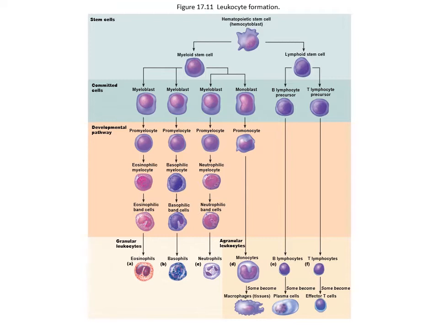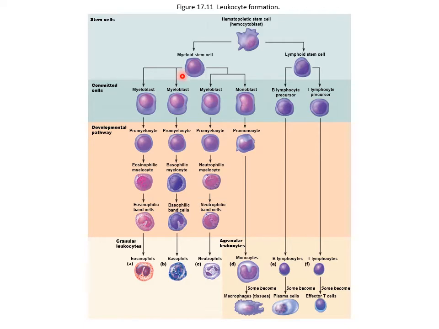Here is a schematic that shows you the developmental pathway of leukocytes, and just like red blood cells, they start from the hematopoietic stem cell, also called the hemocytoblast. These will differentiate into two separate stem cells. One is called the myeloid stem cell, the other is the lymphoid stem cell, and the lymphoid stem cell gives rise to your lymphocytes.